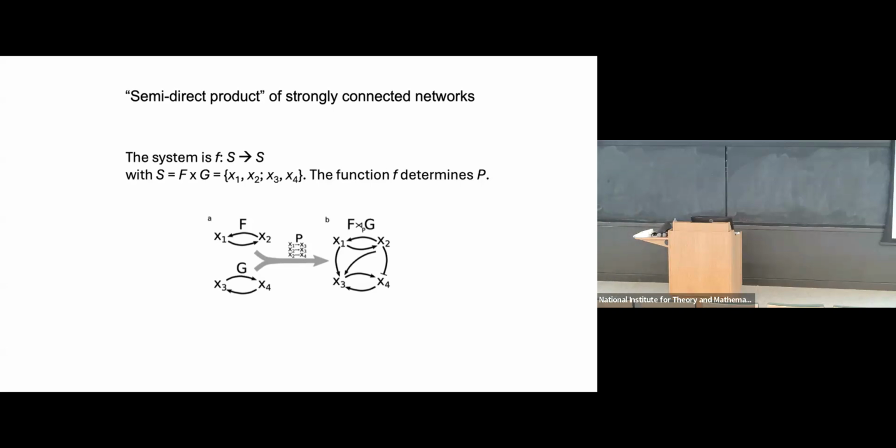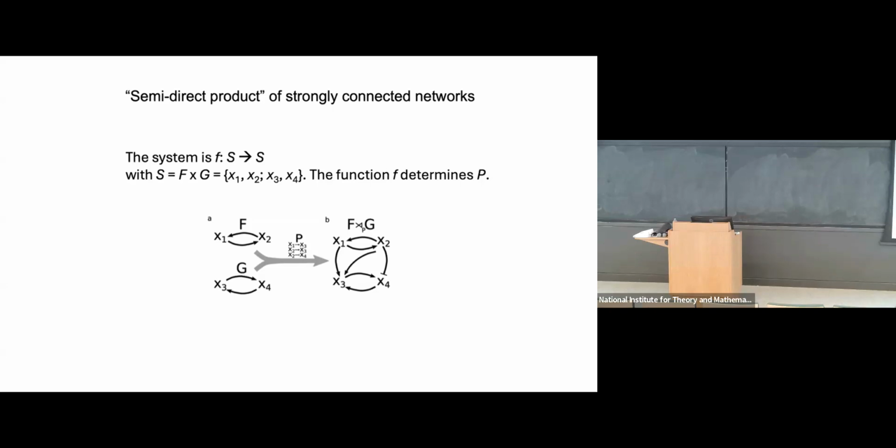And the way this works is here I have two of these, and I have information about how to glue them together. So this is information about how F influences nodes in G. So in this case, we have three of those. We have an influence here, we have an influence here, and we have an influence here. And so this is the glue that glues this to this.